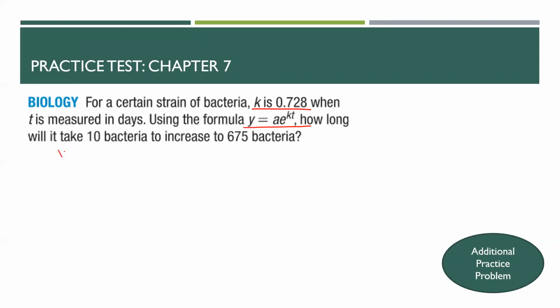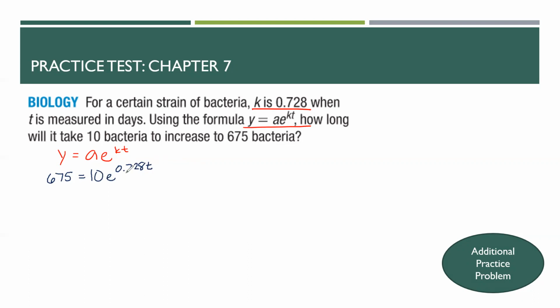All right, so we're starting with our equation, a times e to the power of k times t, and we're just going to fill in what we're given, okay? So y we want is going to be 675. The original amount is 10, because we started with 10 bacteria, times e. It gave us k, which is 728 thousandths, and then times t, and we're trying to solve for t, okay?